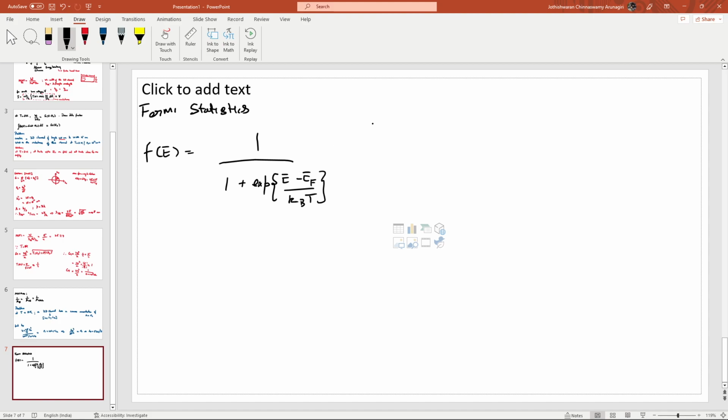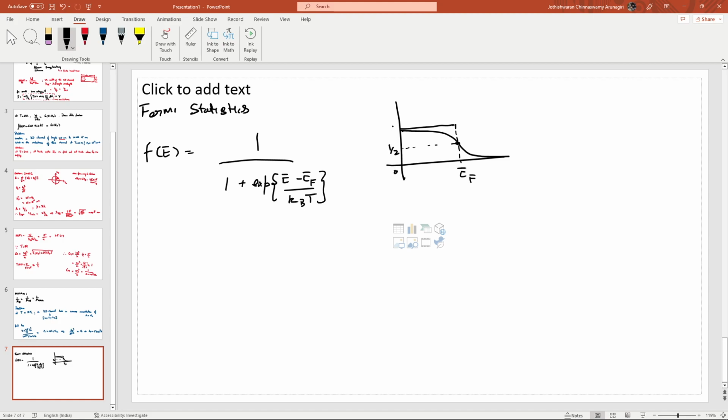Okay, so essentially what this means is, at T equal to 0 Kelvin, we have a distribution like this, and this is E equal to EF. At higher temperatures, we'll essentially have this quantity going this way, and at this point, the value of the function is half.